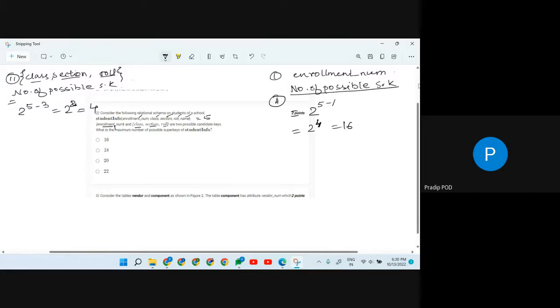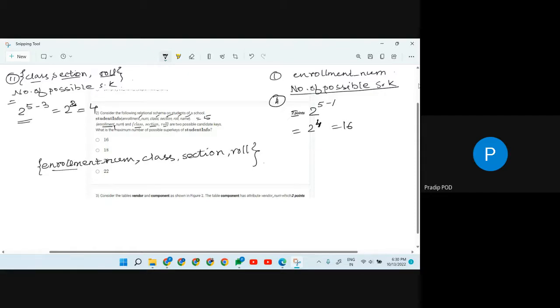When you consider this combination, enrollment number, class and roll number, three attributes, you count it using this as a candidate key, and if any super key has these attributes, you include it here also and count it here also.